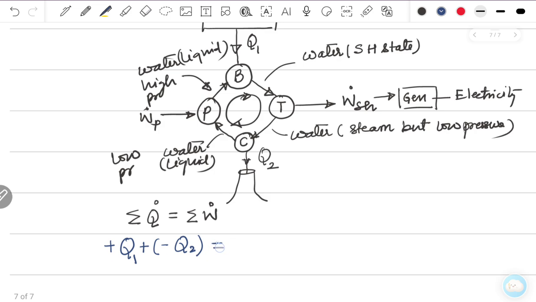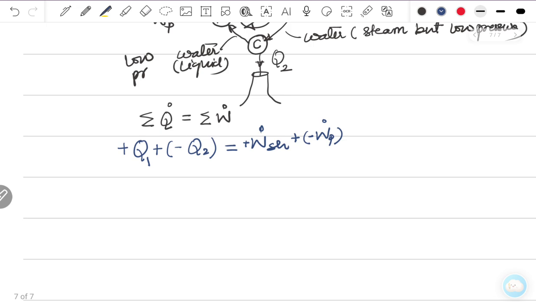And that will be equal to the net work. What is the net work? Work done by the system is positive, and work done on the system is negative, and this is the work done on the system, so this is minus W dot P. If you slightly solve this, it becomes Q1 minus Q2, and that is equal to W dot shaft minus W dot pump. In fact, these are rates, so you should be writing rates as well.